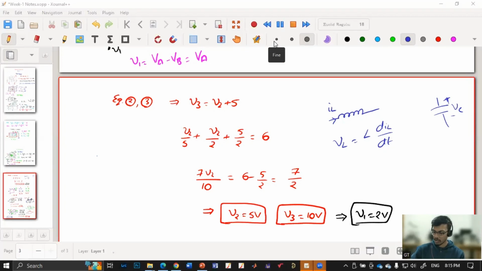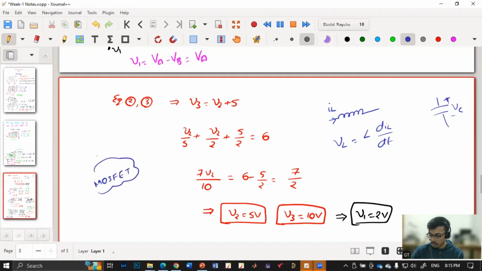There is another set of examples which comes from something called MOSFET. If your introduction to basic electronics is completed, then you might know about BJT and MOSFET. MOSFET also acts like a constant current source.